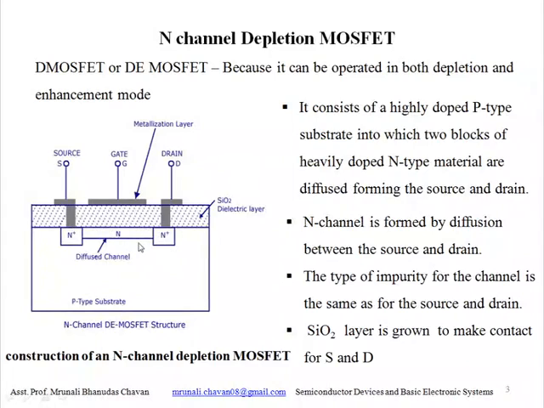The type of impurity for the channel is the same as for the source and drain. Here an SiO2 layer is grown to make contact for source and drain.